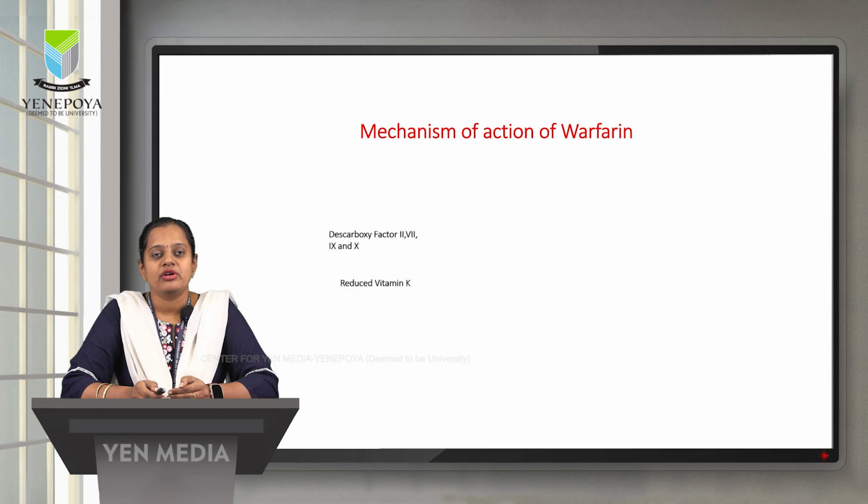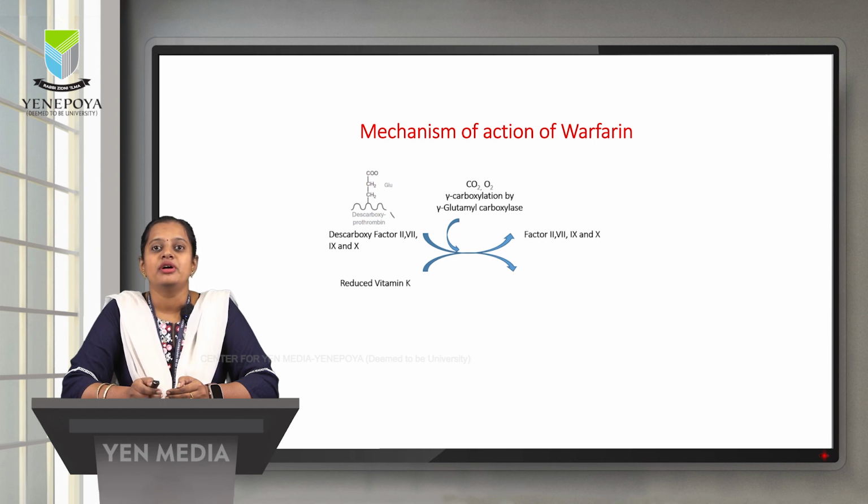And these descarboxy factors will be carboxylated in the presence of the gamma glutamyl carboxylase enzyme. This enzyme will add a COOH group to these factors in the presence of carbon dioxide and oxygen to form functional clotting factors, that is 2, 7, 9 and 10.